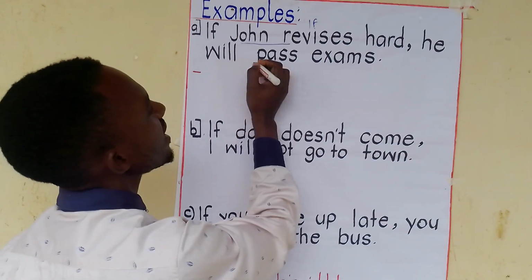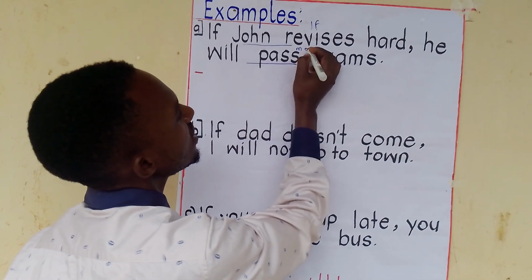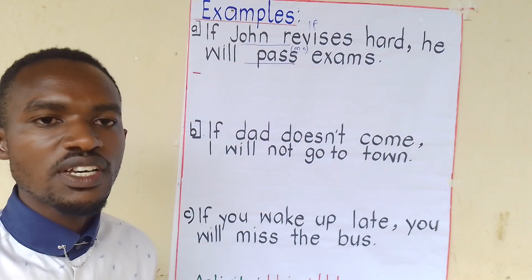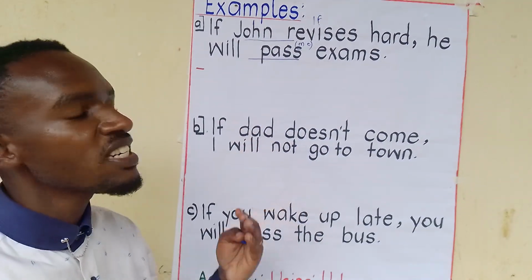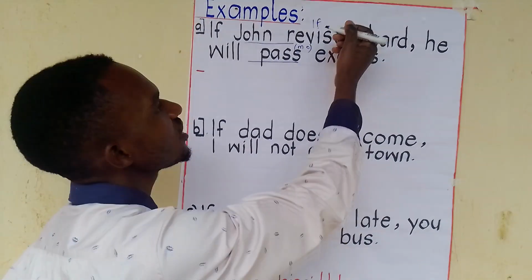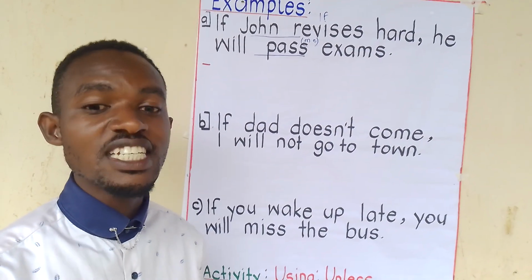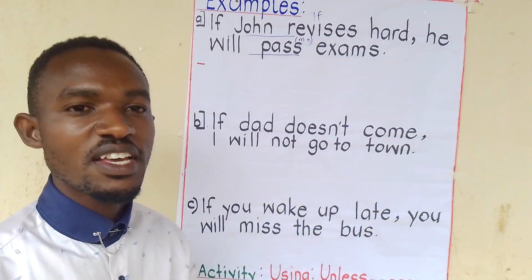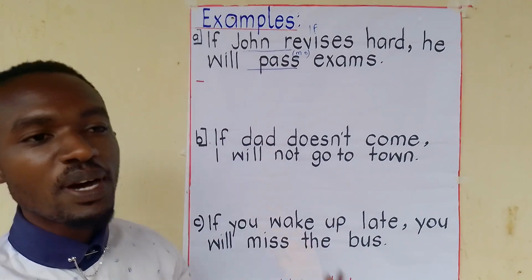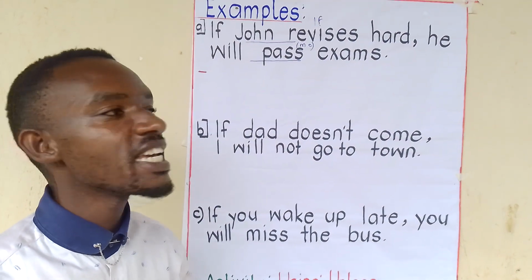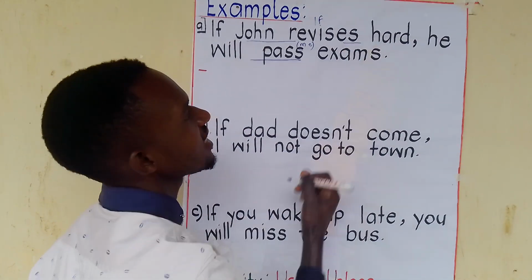He will pass exams, this is the main clause. The condition that needs to be fulfilled is that John revises hard, and the expectation is that he will pass exams. Therefore, John will pass exams only when he revises hard.